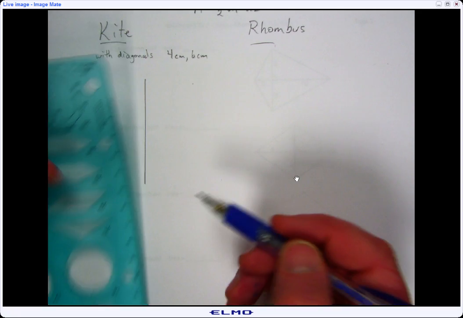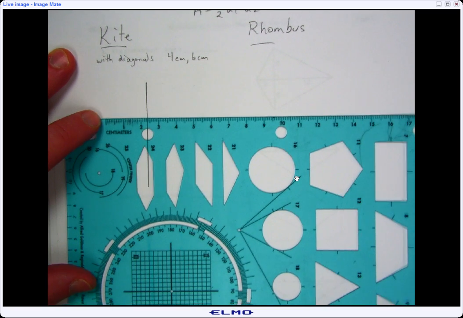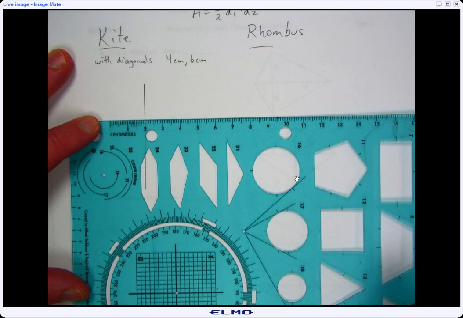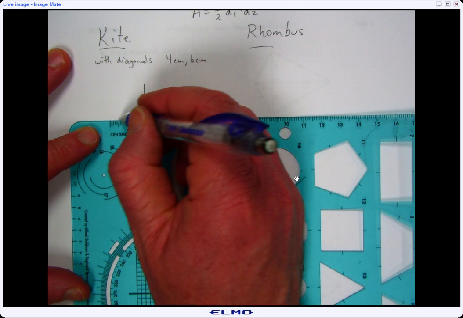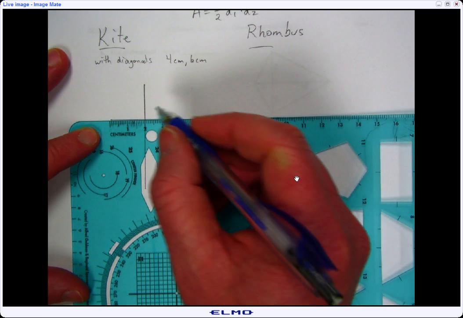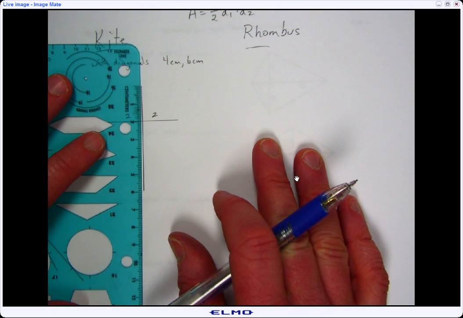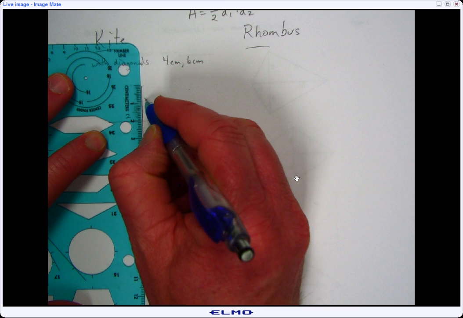And then anywhere along here, except the middle, you can make the diagonal that is 4. And so I put it on the 2. So now I have a diagonal there. So that was 4, so these are each 2. And this whole distance is 6. I made that 2 and this 4.